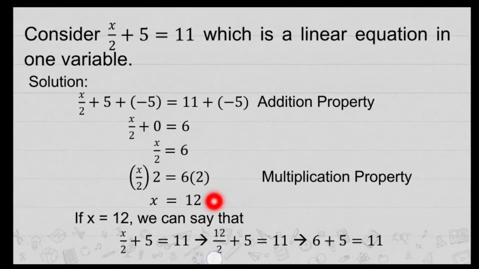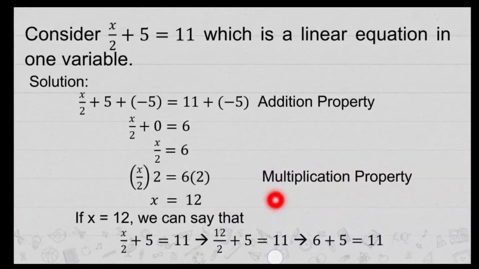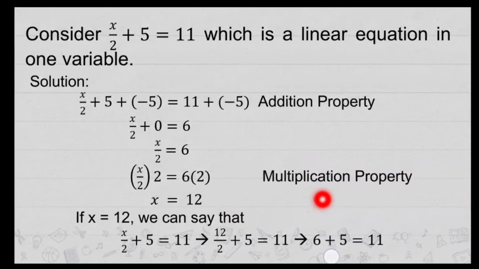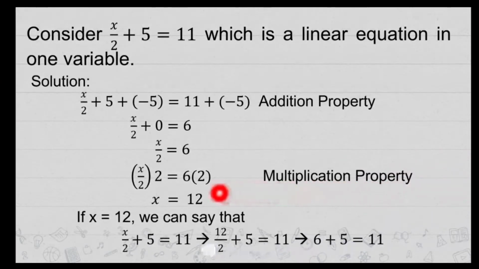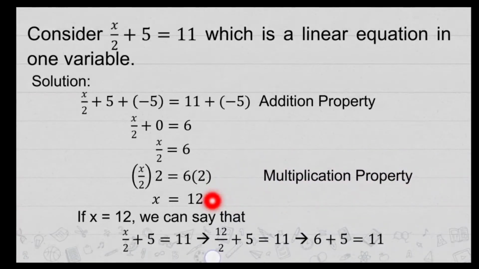We have 12/2 + 5 = 11. Then 12 divided by 2 is 6. So 6 + 5 is equal to 11, and that is true, right? When we add 6 and 5, that is equal to 11. Therefore, our solution is 12, or simply x = 12.